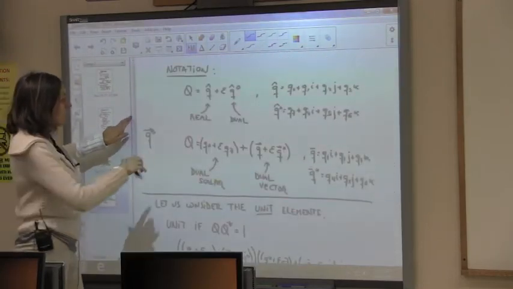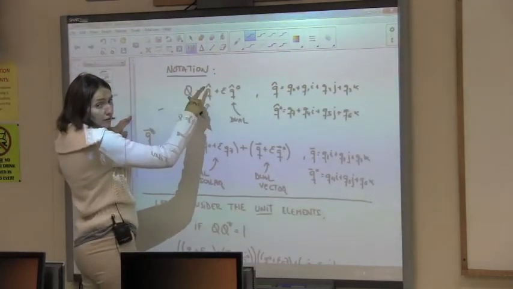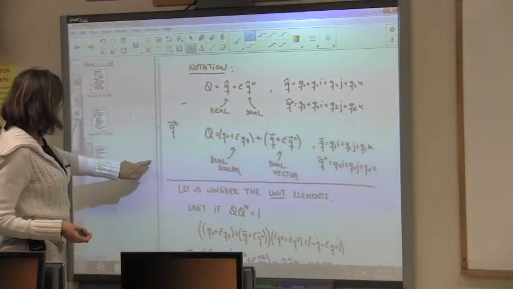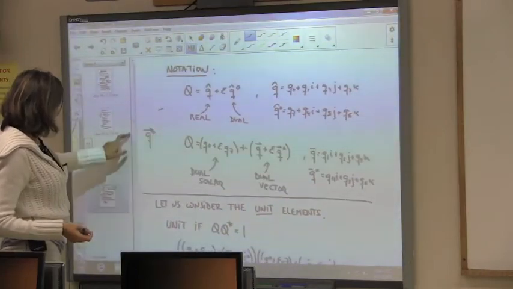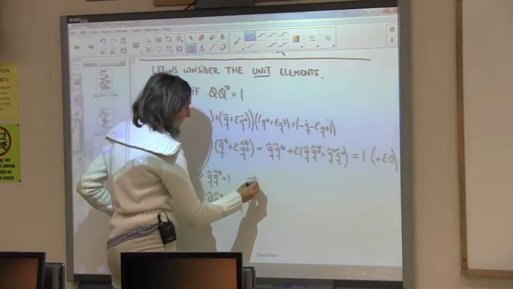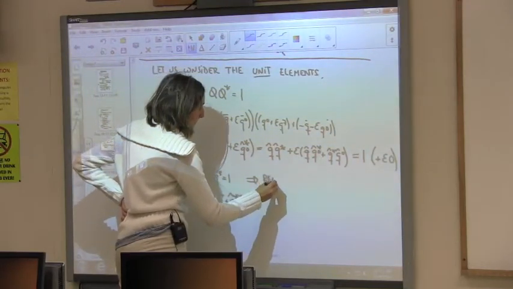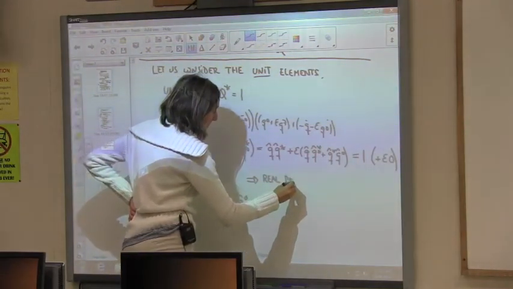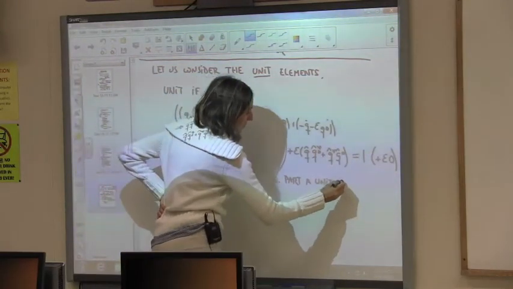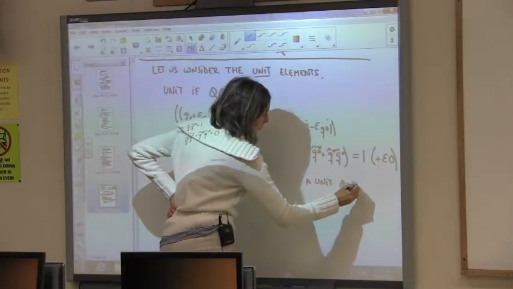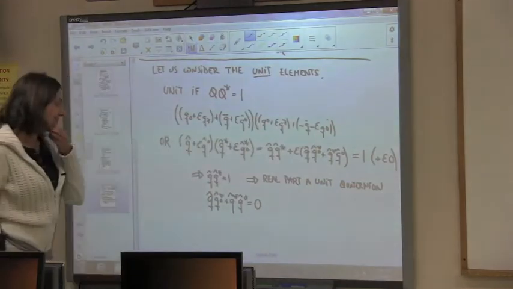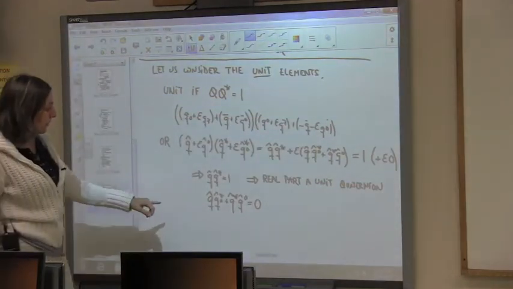We have it here. We have the real part. This quaternion has to be unit, and then that. Okay. So that means that the real part is a unit quaternion. And we can probably develop this further, right?